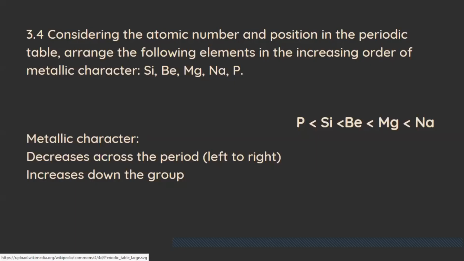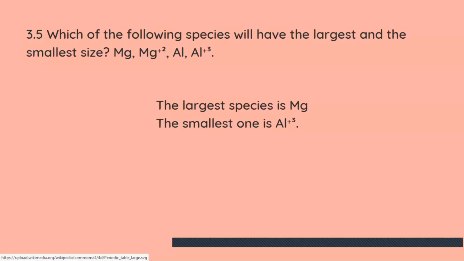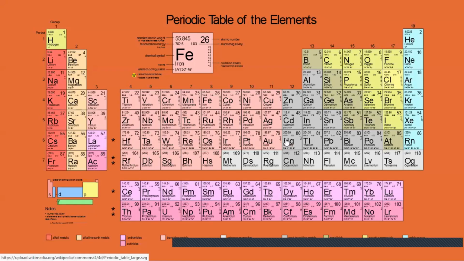Now, first of all, let's look at their values. So it is 496, 737, and 786 kilojoules per mole. Those are the respective ionization enthalpies. Let's look at the periodic table.